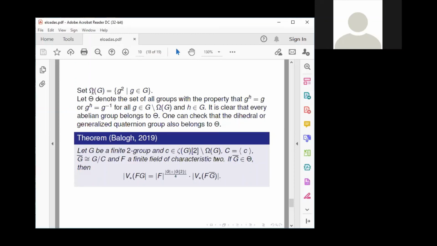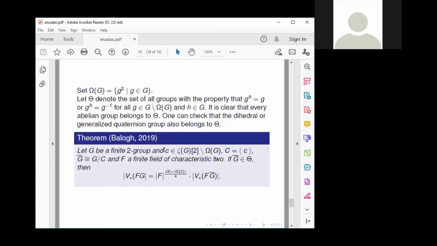And if omega denotes all the elements from G which can be a square of an element, so it contains g squared when g ranges over G, and theta denotes a set of groups which satisfy the following: g to the power h equals g, where this power means the conjugation. So the conjugation of g by h equals g, or g conjugated by h equals the inverse of g.